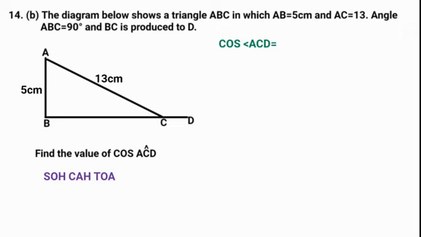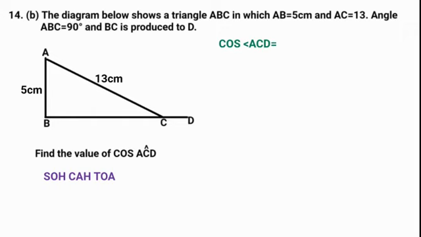SOH is for sine, CAH is for cosine, and TOA is for tangent. Now, when you look at this acronym, we are going to concentrate on the one in the middle here, which is CAH.